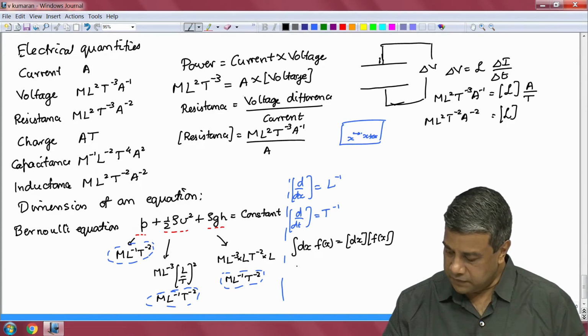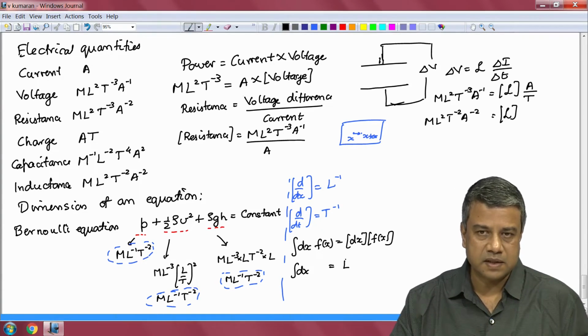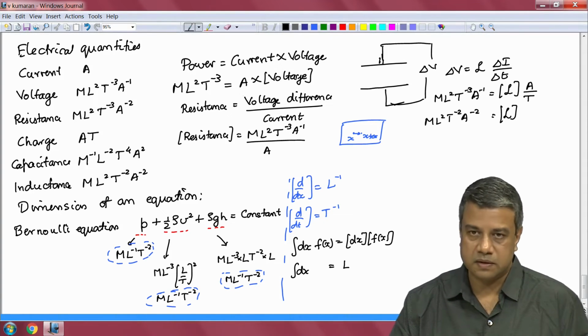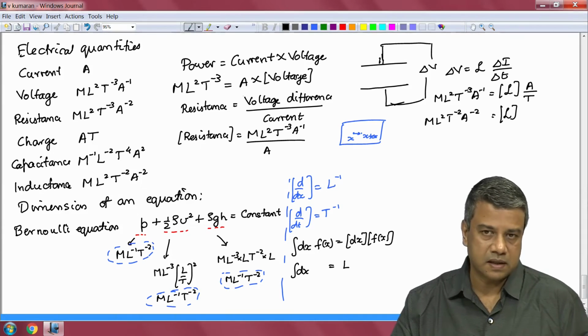Therefore, a spatial integral has dimensions of length, because it has the dimensions of the variable over which it is being integrated. An area integral will have dimensions of length squared, because it is an integral over area. A volume integral has dimensions of length cubed. So, those are the dimensions of derivatives and integrals.